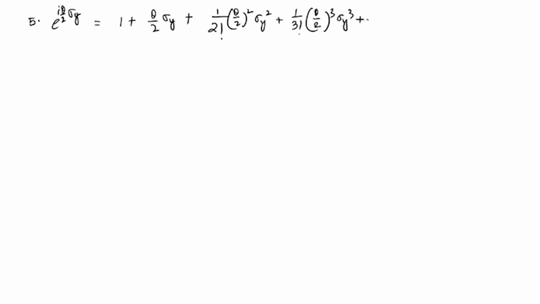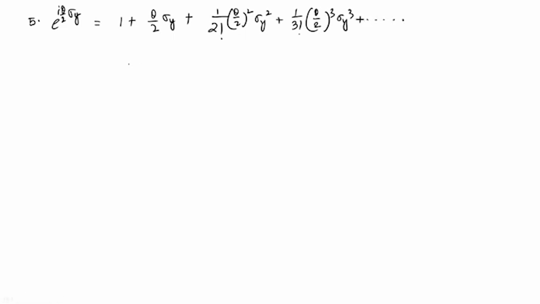So if you are talking about s equal to half, that is spin half objects, and consider the rotations, this is going to be the rotation operator, and this can be simplified, because you can expand this. So this is 1 plus i theta by 2 sigma y plus 1 by 2 factorial (i theta by 2) squared sigma y squared, and so on, 1 by 3 factorial (i theta by 2) cubed sigma y cubed, and so on.